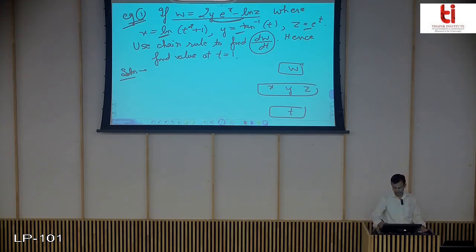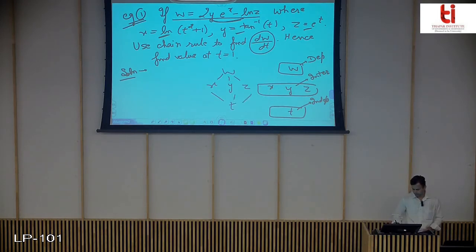This is your dependent variable, these are your intermediate variables, this is your independent variable, and according to the chain rule we did right now, dw by dt will be equal to del w by del x dx by dt, plus del w by del y dy by dt, plus del w by del z dz by dt.